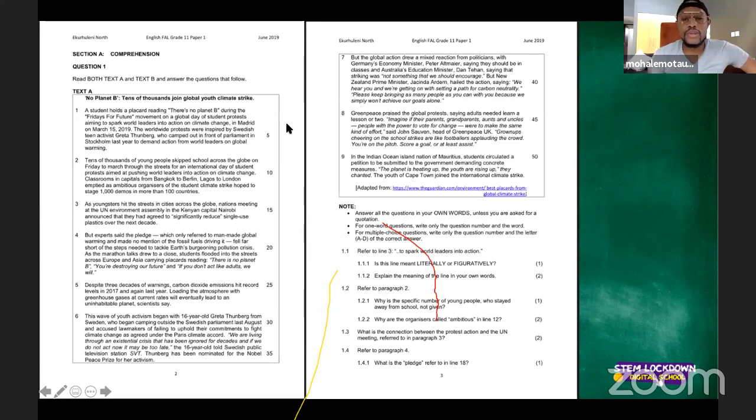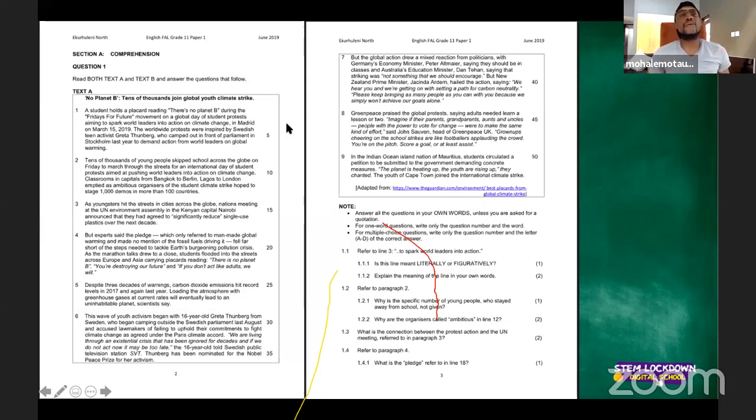Then question 1.2 says, refer to paragraph 2. Question 1.2.1: why is a specific number of young people who stayed away from school not given? When we go back to paragraph 2, the first line says, tens of thousands of young people skipped school across the globe on Friday to march.